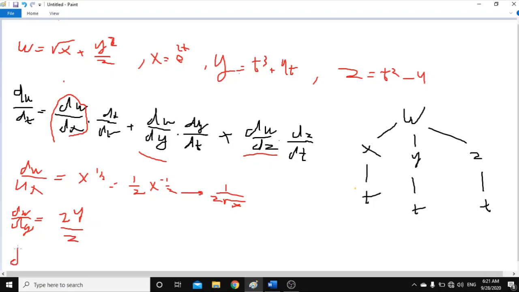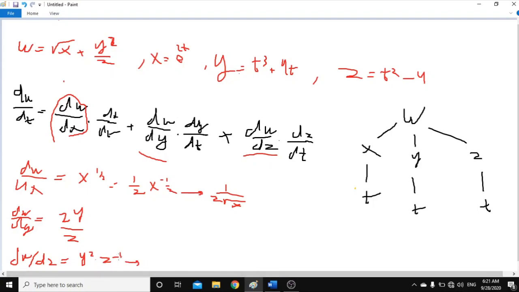The last answer, dw over dz. Here we have a square root of x, which also cancels. We have y squared over z, so we can write it as y squared times z to the minus 1. Then we take its derivative with respect to z.